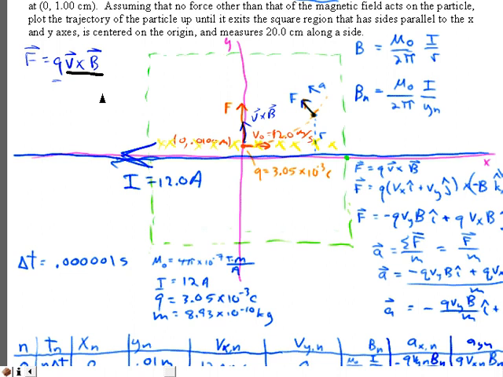You can tell just by looking at this formula. So it never does any work on it, because the work is the force times the distance along the path. There's never any force along the path. The component of the force along the path times the distance traveled along the path, and so there's never any work done on it. That means the kinetic energy should never change, and that means the speed should never change.